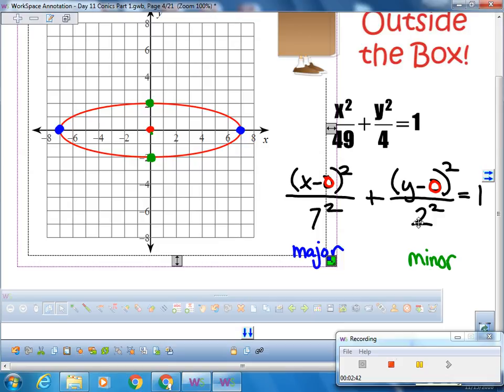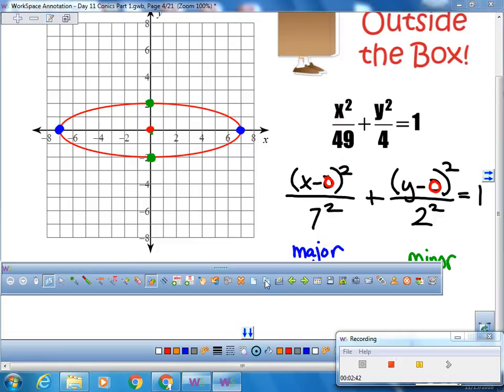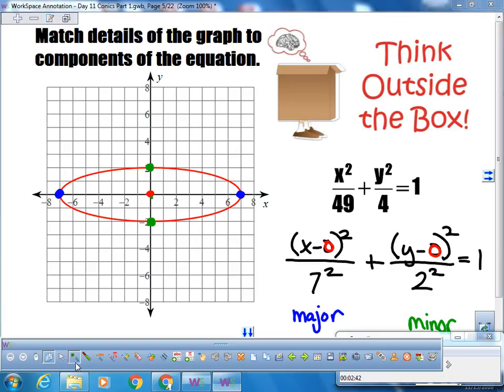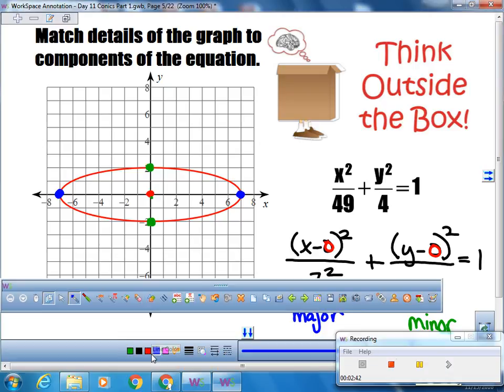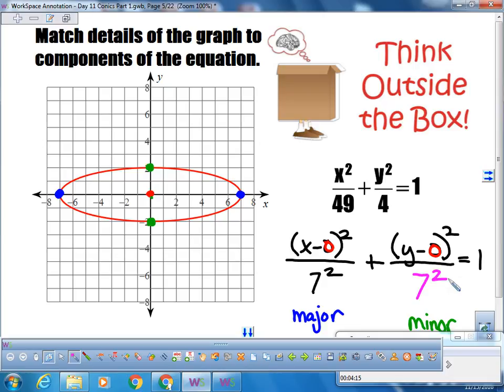What if, I have a question for you, and I hate when I do stuff like this. Let's just copy this page, so that's a duplicated page, and I'm going to change it to 7 squared. What happens when I change it to 7 squared? It's a circle, right?